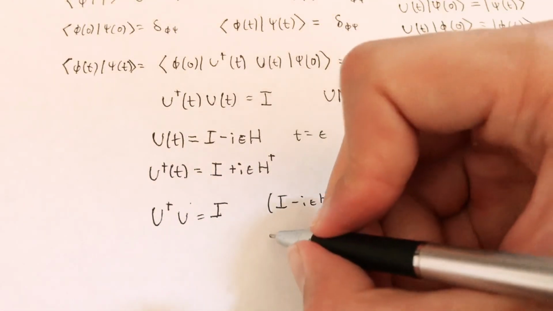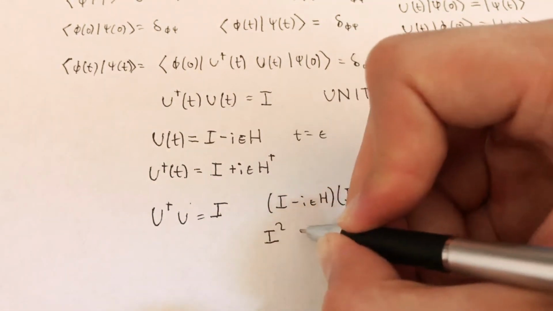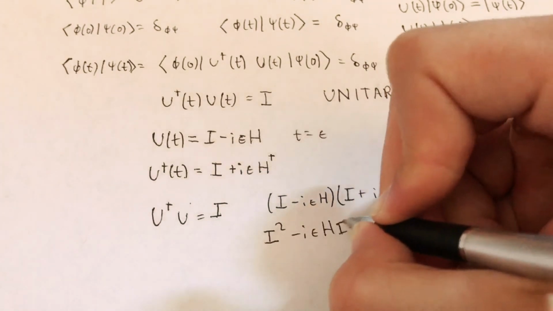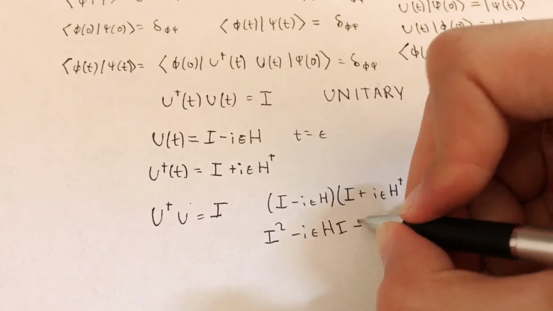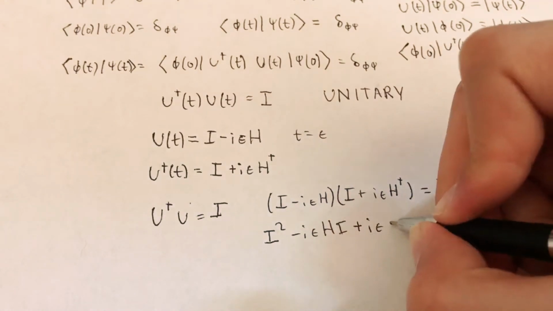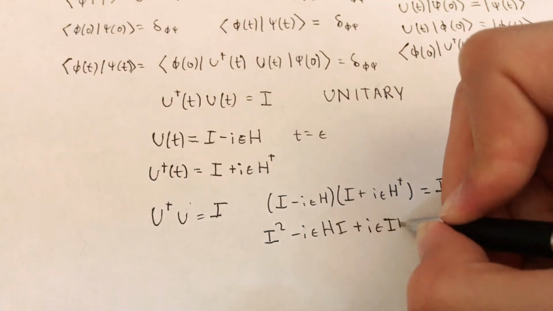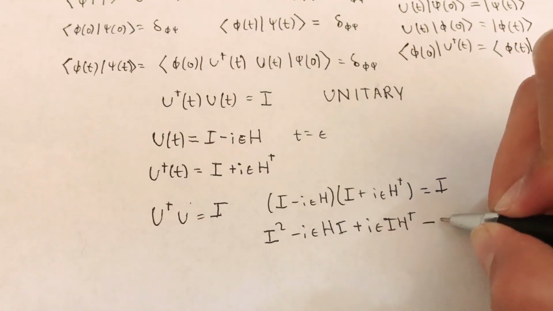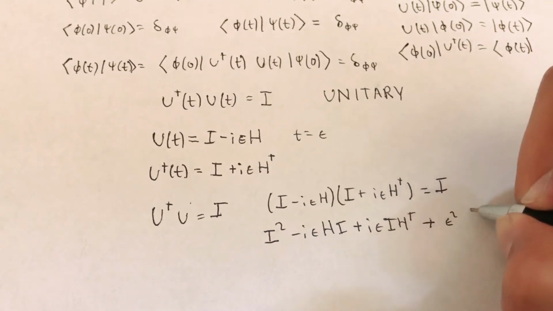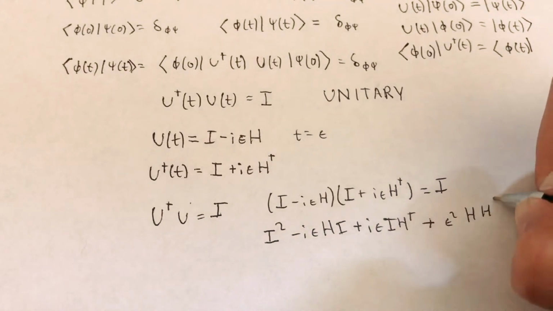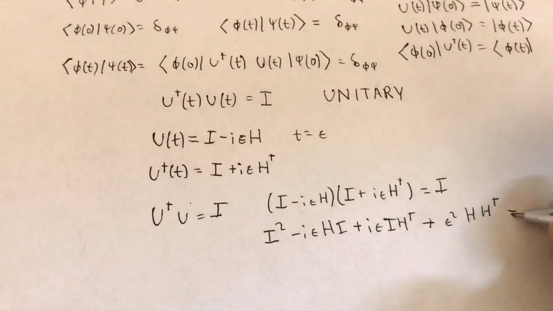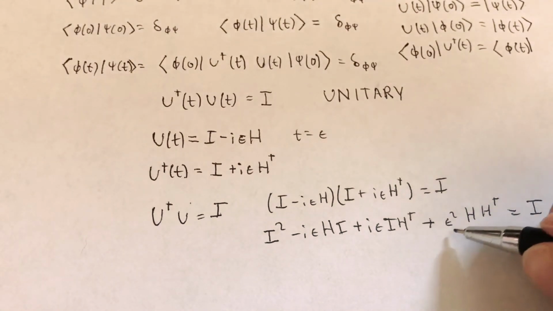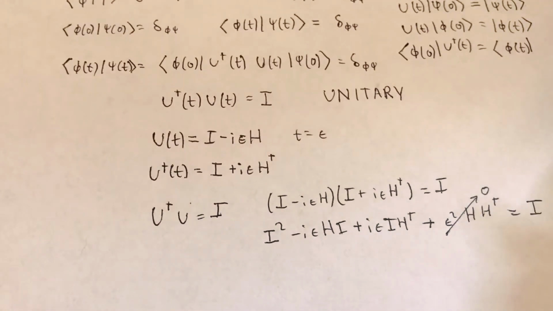When we FOIL this out, we get I squared minus i epsilon H plus i epsilon H dagger plus epsilon squared H dagger H equals I. In this case, we're assuming epsilon is small enough so this term doesn't matter and goes to 0.